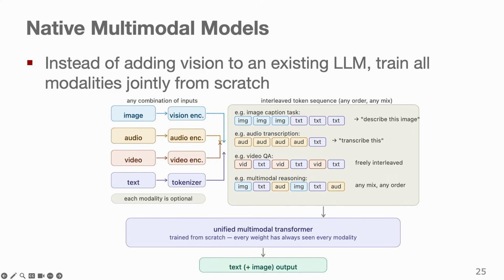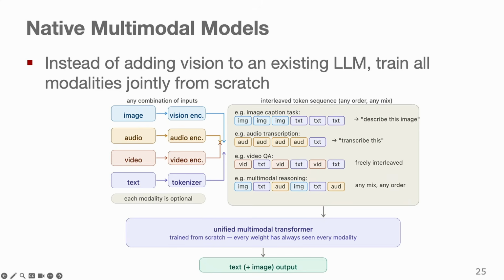You interleave them in any order, in any combination. And so the input now is completely flexible. You can have image tokens followed by text, audio followed by video, or any arbitrary mix and combination. And so the model doesn't have, let's say, a primary modality with others bolted on.